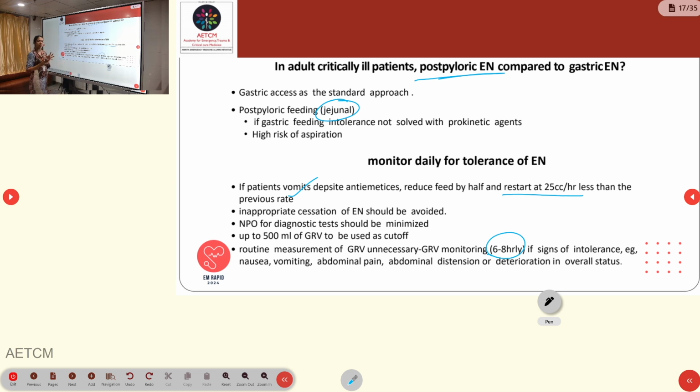Even after giving feed, don't aspirate immediately. The stomach will take at least 2 to 5 hours to empty the gastric content. So we will consider suctioning and looking for the gastric residual volume only after 6 to 8 hours. And only if there is a gastric aspirate of more than 500 ml will we consider that as intolerance.